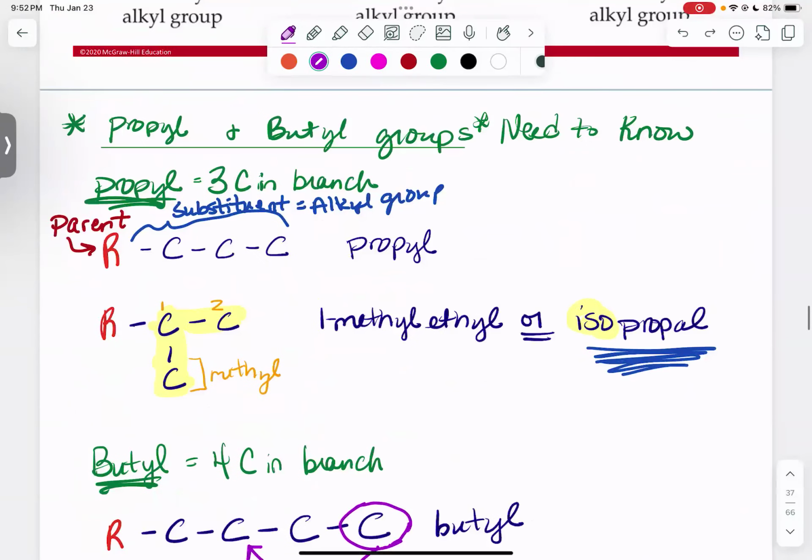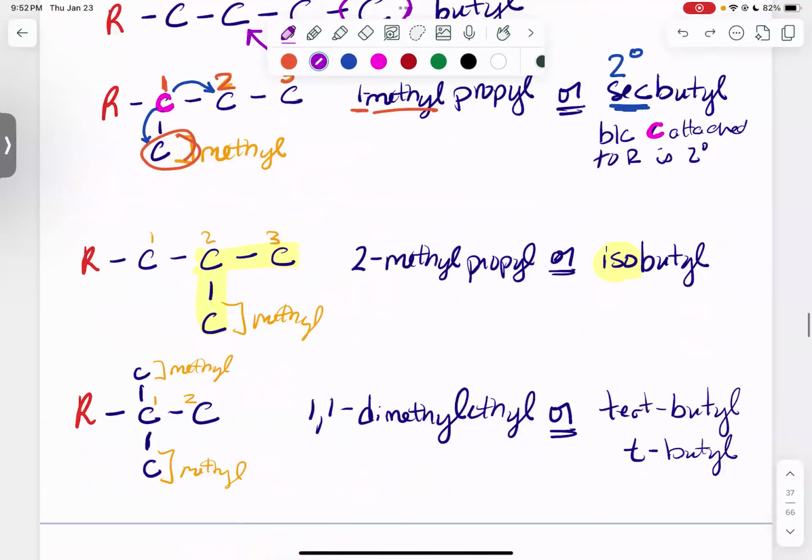I just want you to understand why the common one is isobutyl. They're all isomers, but they call this one isobutyl because it looks like isopropyl. That's all it is. The IUPAC way is to go 1, 2, 3, and then have a methyl group coming off carbon number 2. So it's a methyl, and then there are 3 in the parent of the substituent.